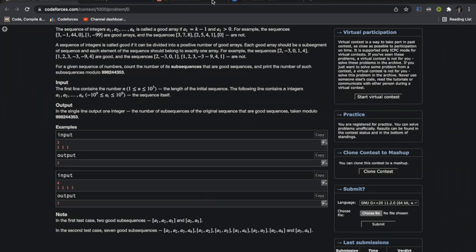So since this is a DP plus combinatorics based session, it's probably helpful if you think in the direction of dynamic programming.